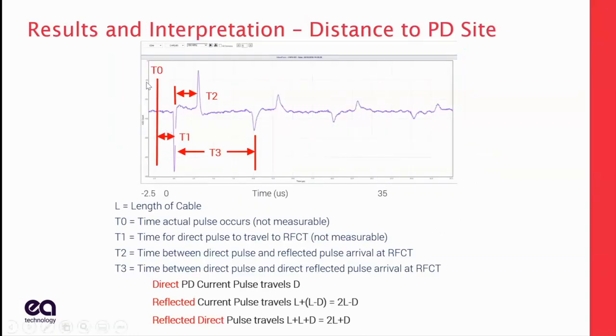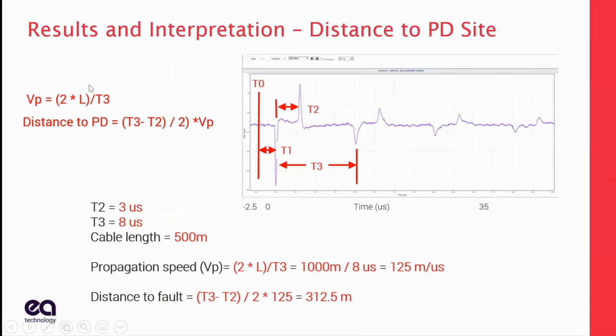So what we look at, T0 is the time when the discharge occurs. We don't know when that is. We don't know what the time is to T1 because all we see is the first pulse. So we call that T1. The time to the reflected pulse and the time to the reflected direct pulse allow us to do some calculations. We basically determine how fast the waveform is moving in the cable and where the reflection occurs.